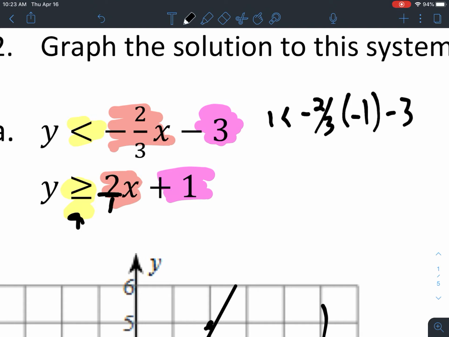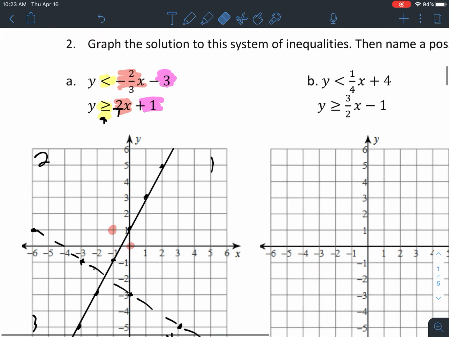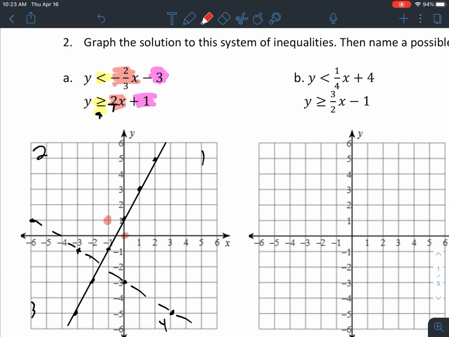So a negative times a negative gives us a positive. 1 times that always gives us the number it was. So 2/3 minus 3 is greater than 1. That leaves us with negative 2 and 1/3. We know that's not true, so that doesn't work for that problem either. Okay? So we know it's not going to be zone 1 or 2 right now.